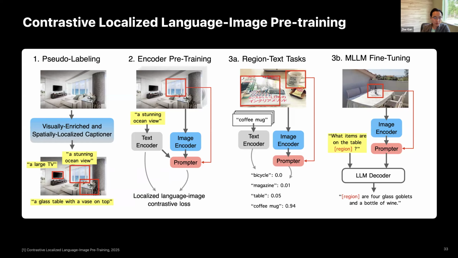So suppose you have scalable, large-scale region-text supervision instead of image-text supervision, and you use it to train the model. How can we do that? This is the high-level question we are going to ask.